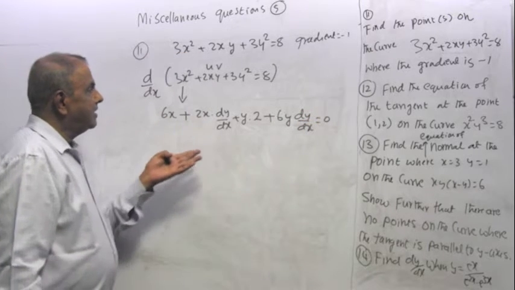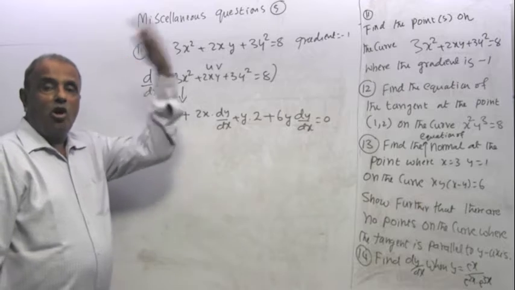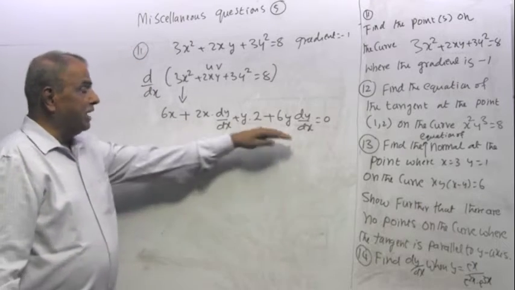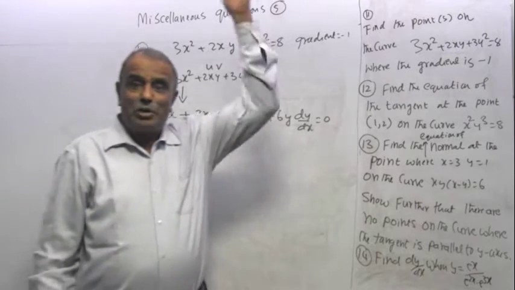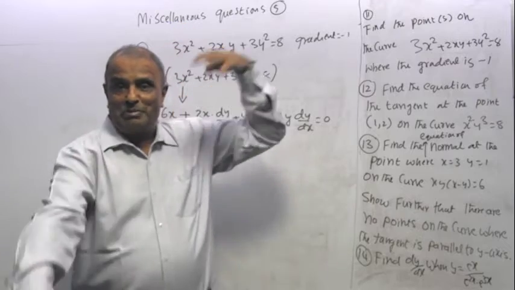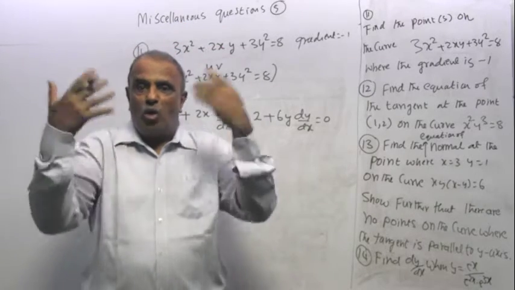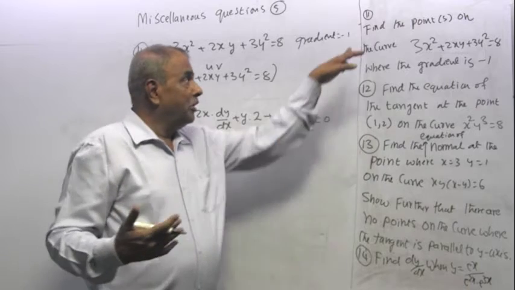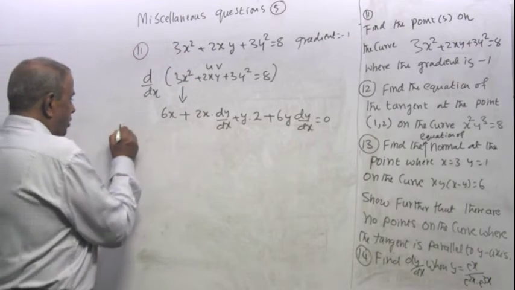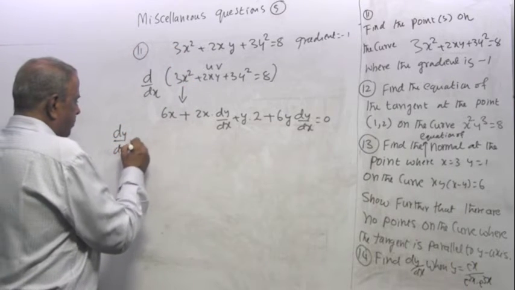Now again, don't try to look. Normally what students will do is find dy by dx equal to, and then put dy by dx equal to minus 1, cross multiply, simplify. But you can make your life easier and avoid unnecessary errors by using the value. You know dy by dx is minus 1.